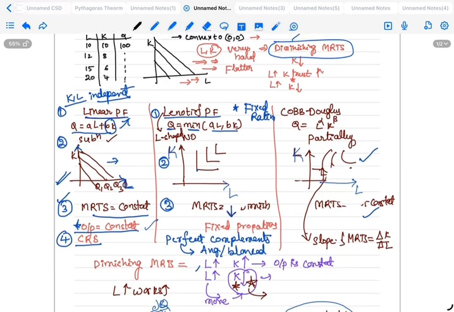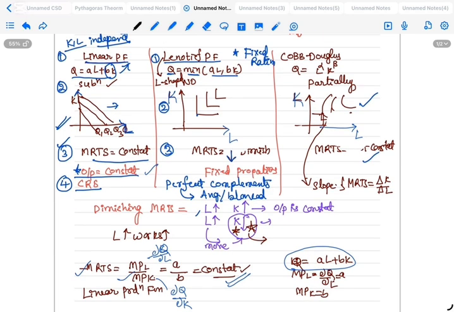And substitution is possible in the linear production function, that is perfect substitution. This is another point you have to remember, perfect substitution. Fifth point, perfect substitution, that is you can replace labor L with K and K with L, you can replace completely.